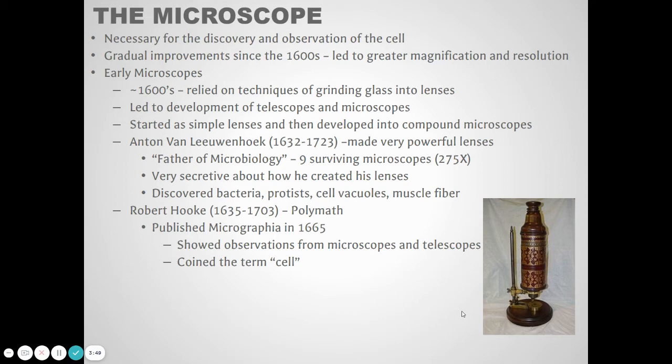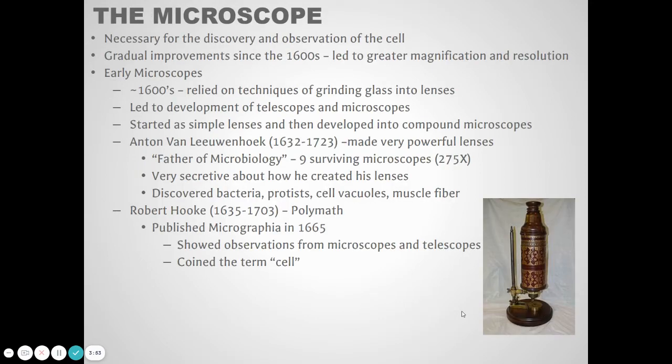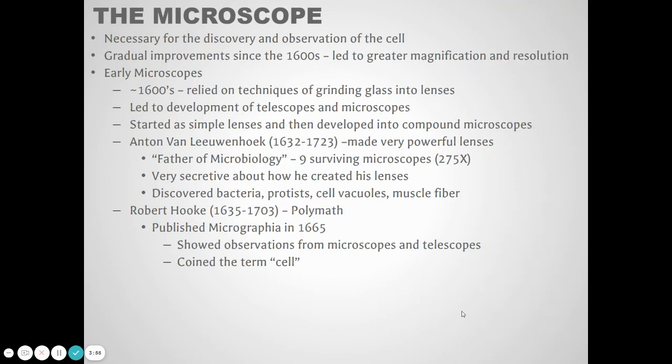He wrote a book called Microscopes. I thought I had a picture of it, but I guess not. It was this big, huge book where he had very detailed drawings of the things he was seeing under his microscope. He's the person that came up with the term cell for what he was observing under his microscope.